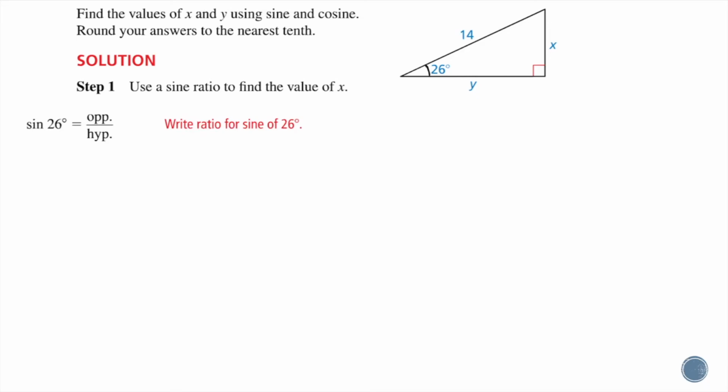So normally, what we've done so far is we said, all right, sine of A is equal to the opposite over the hypotenuse. However, in this case, angle A is 26. So instead of writing a variable, I'm going to say sine of 26 is equal to the opposite over the hypotenuse.